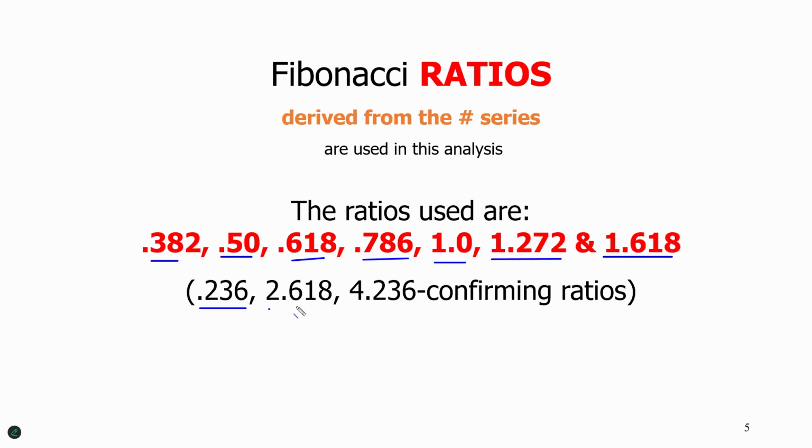I do use 2.618 as my third target for any trend setup. And every once in a blue moon, I will use this 4.236. You have some crazy runaway swing. Sometimes you run that and it will actually offer support or resistance depending on which way you're coming from.